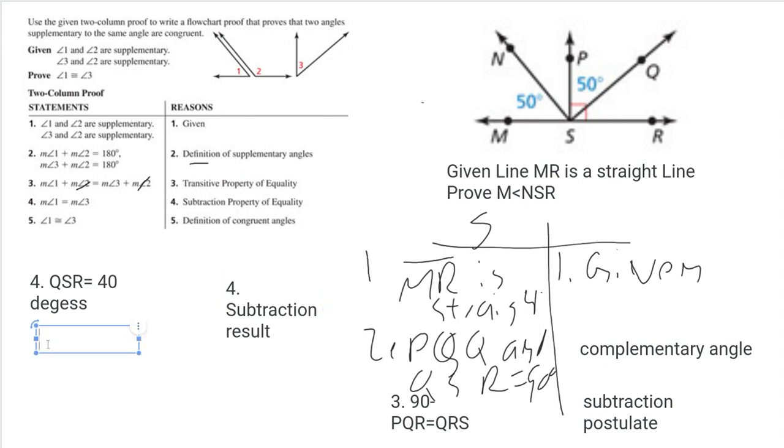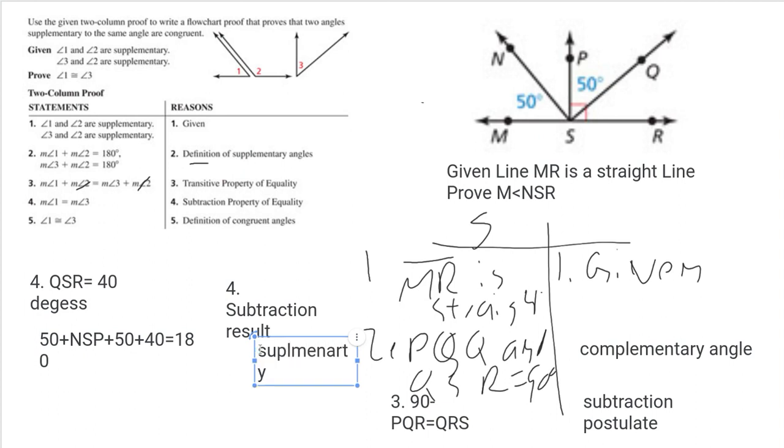And then I can then say that 50 plus NSP plus 50 plus 40 will equal 180 degrees, and that is due to our supplementary postulate that all things add up to 180 degrees as a straight line.